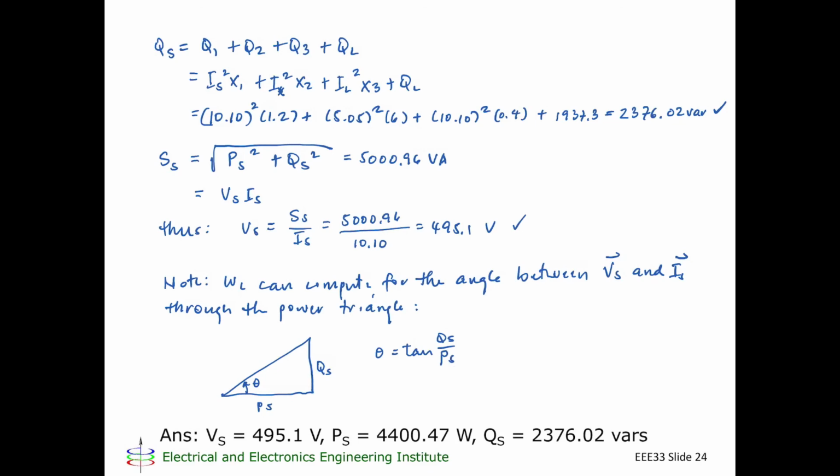And cosine theta is the power factor of my source. Depending on what my reference is, I can get angles here. So knowing what my reference is, I should be able to get the angle of I sub s and V sub s if I wanted to.